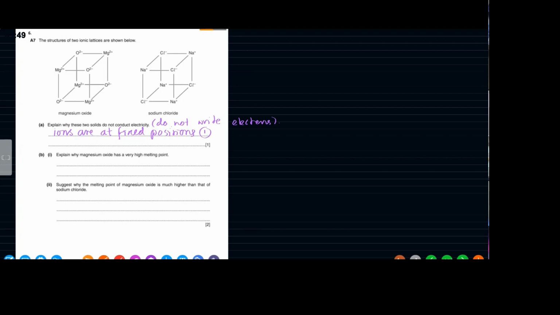Next one, explain why magnesium oxide has a very high melting point. The same answer, right? Giant ionic structure, giant ionic lattice.